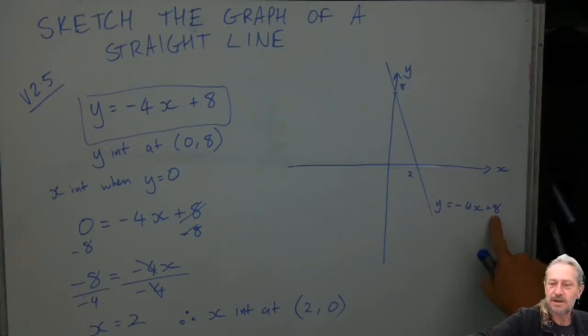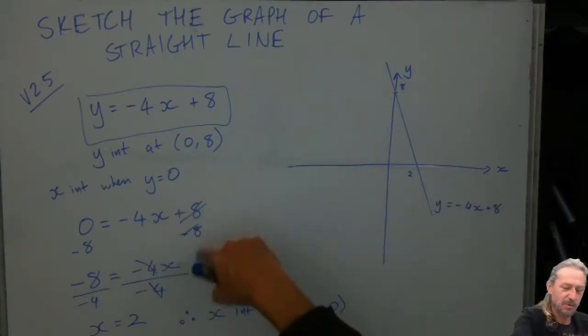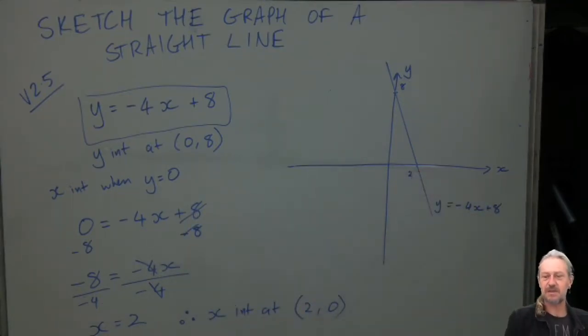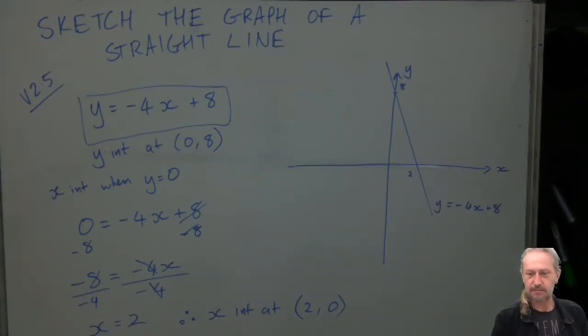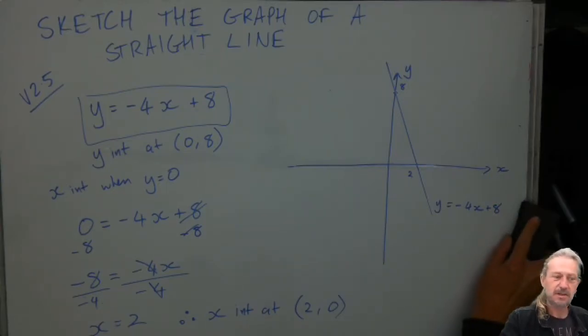It crosses the y-axis at 8, and we worked out that it crosses the x-axis at 2. So we've got a couple more of these, and then we've got a few sort of very basic graphs that we'll have a look at just to finish this little section off.